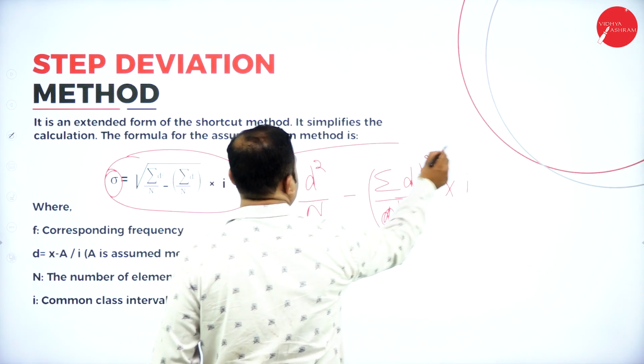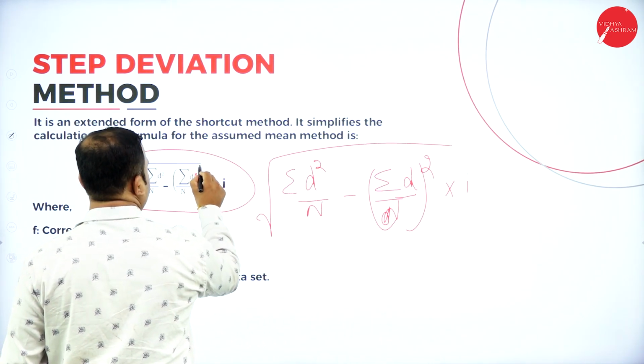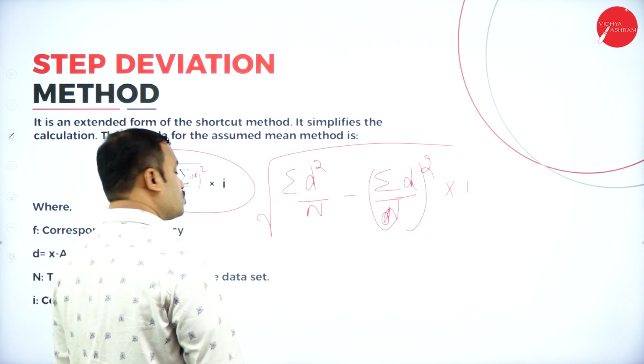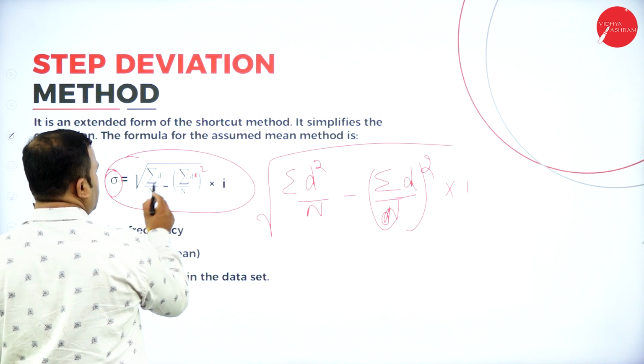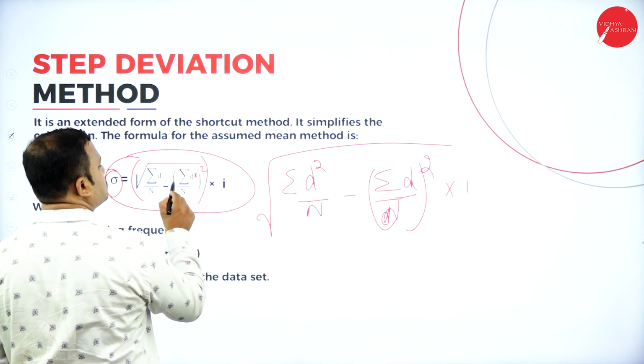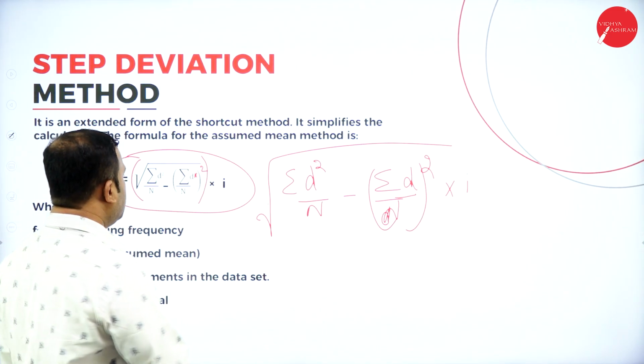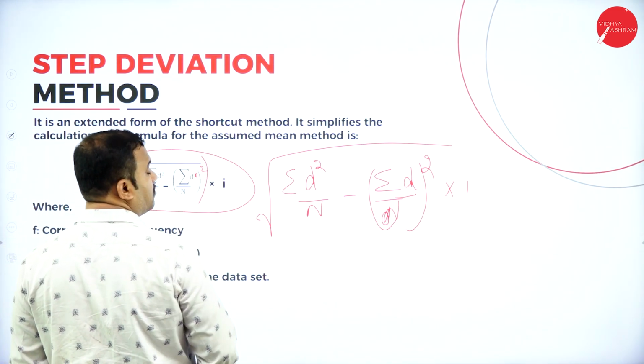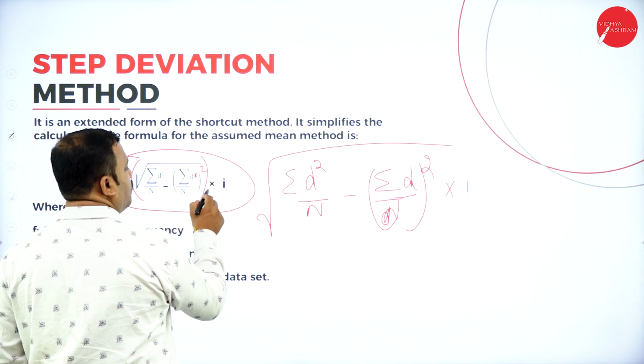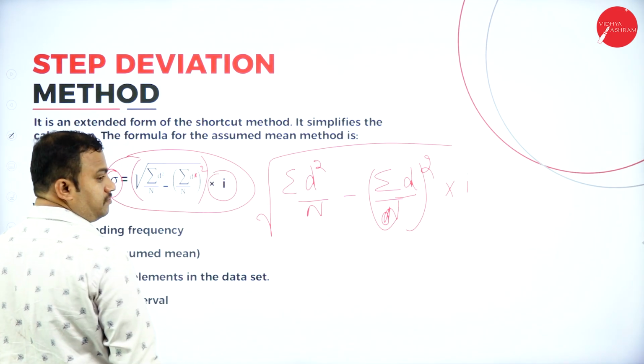Everything will be under the square root. It is not d square, it is d by n whole square. It is the same as the assumed mean method, but the only difference is that in the step deviation method we multiply by i.